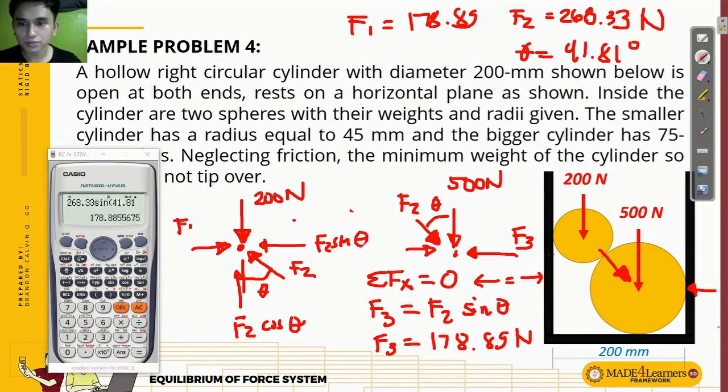Therefore, F1 and F3 are equal, with the same value.